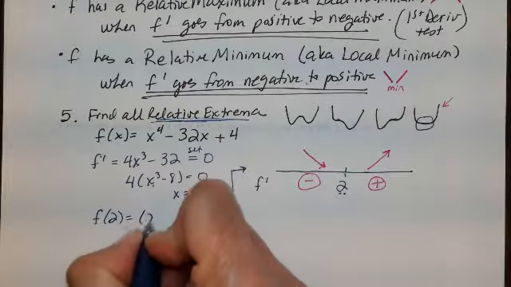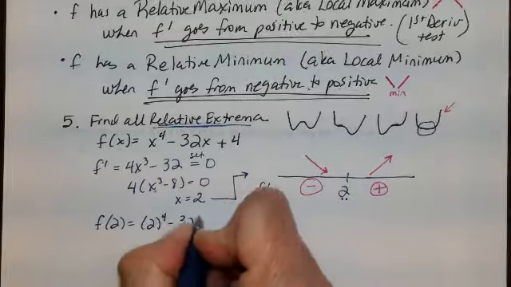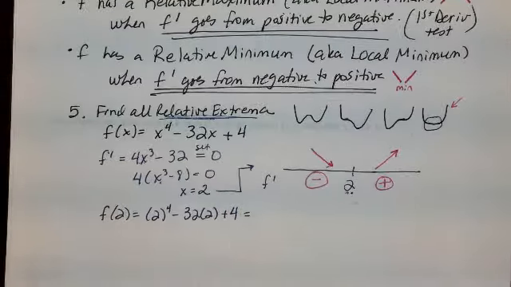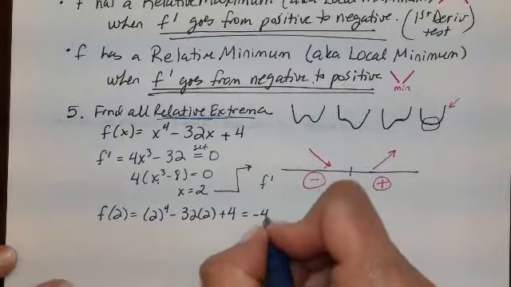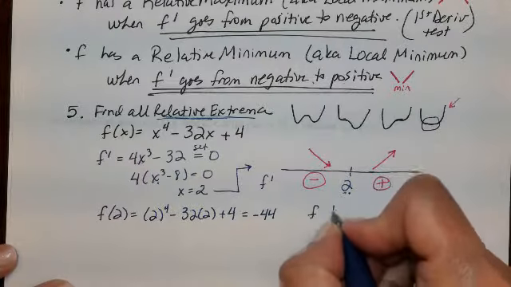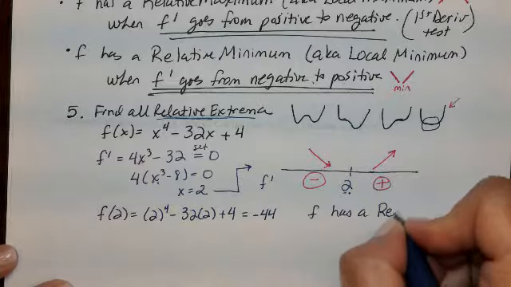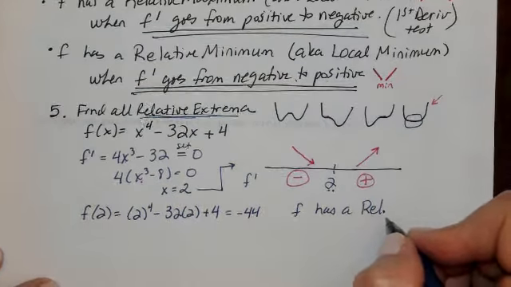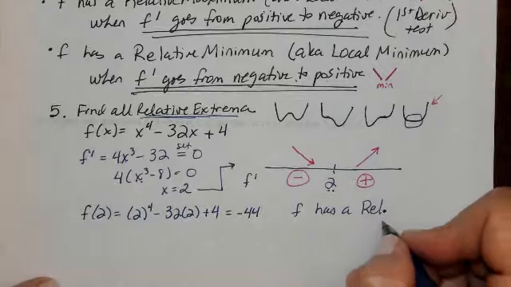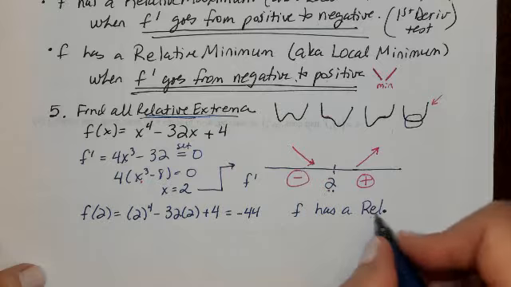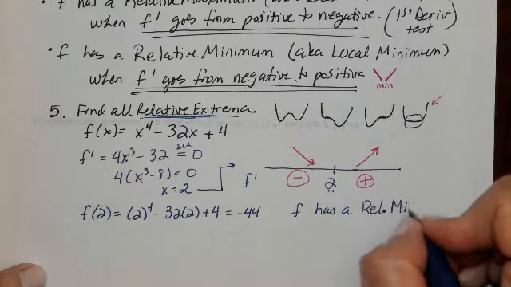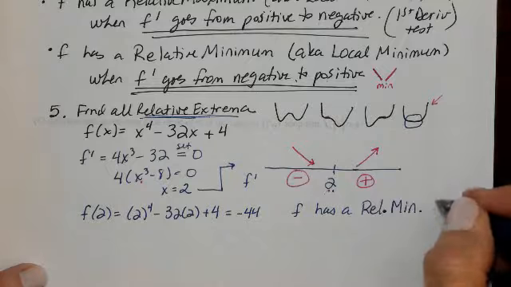All right, so 2 to the 4th minus 32 times 2 plus 4. So you put it back into there, and when you work that out, you're going to get a negative 44. So f has a relative, and for me you can abbreviate. When you're writing your AP exam, you will not abbreviate though, okay? It's worth too much money to abbreviate. So just for me, you can abbreviate relative as REL and minimum as MIN.